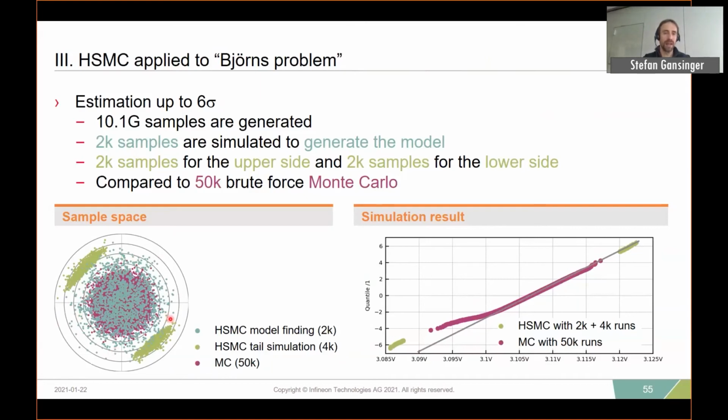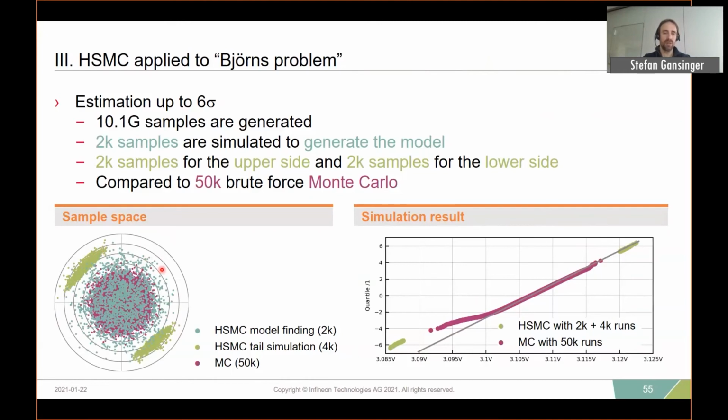When the model is done, another 2K samples for the upper side and another 2K samples for the lower side are selected. And if we look at the sample space, they are quite centered in this area and this area. So by the ordering model, it could be predicted that we need samples in this area, but not in this area, because samples in this area will not fall into the tail region.